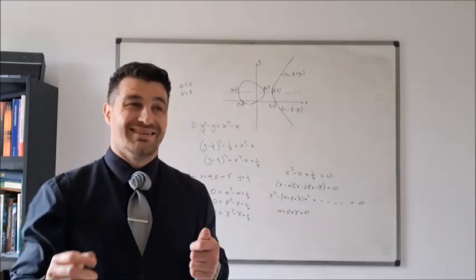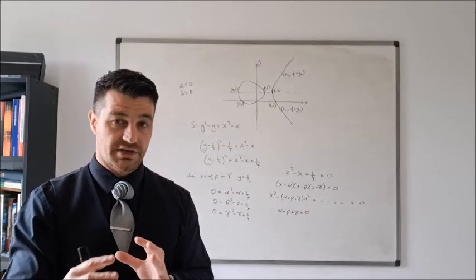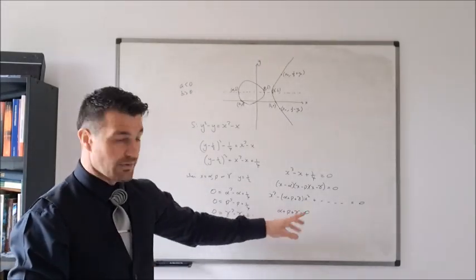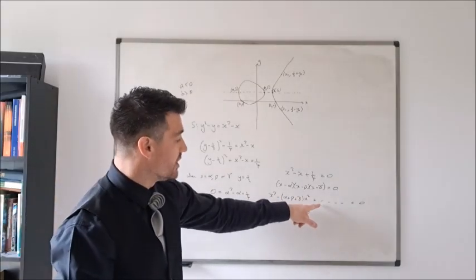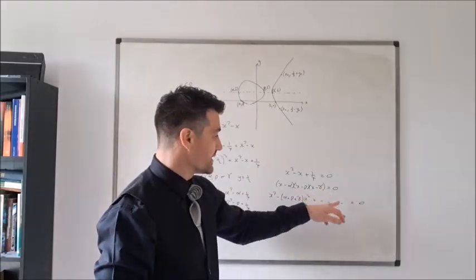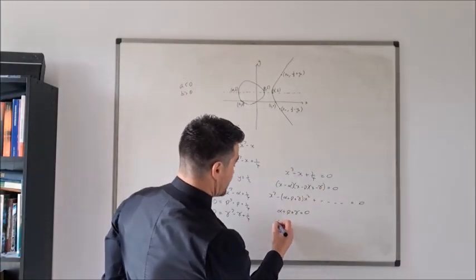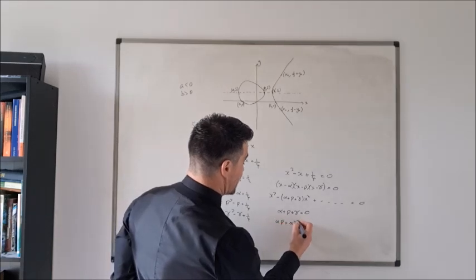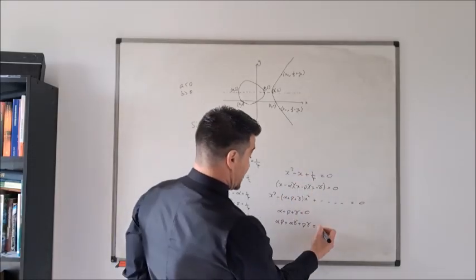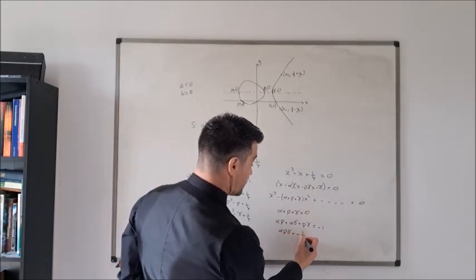Or, if you've done a little more work on roots of polynomials, maybe in further maths, you'll already know the coefficient of x and the constant coefficient. So alpha beta plus alpha gamma plus beta gamma is equal to -1, and alpha beta gamma is equal to -1/4.